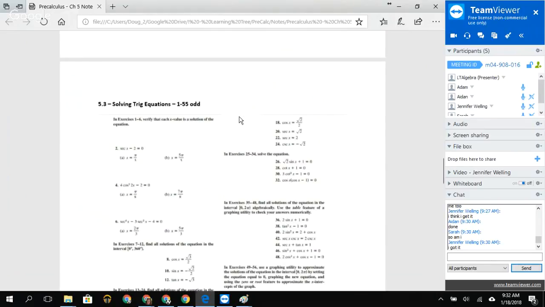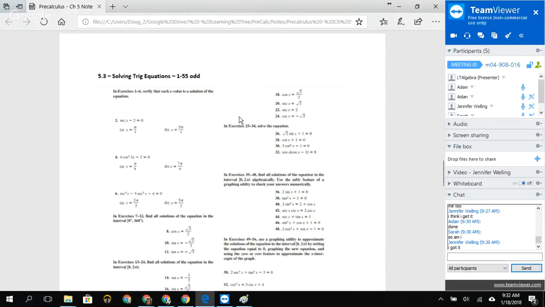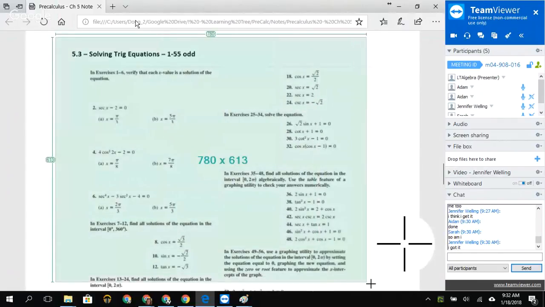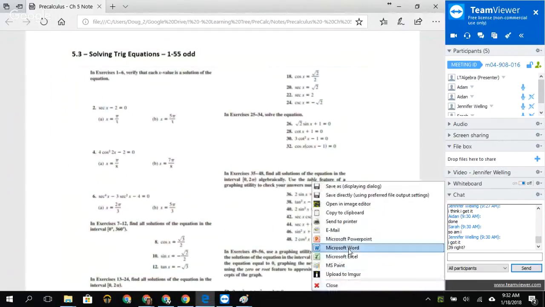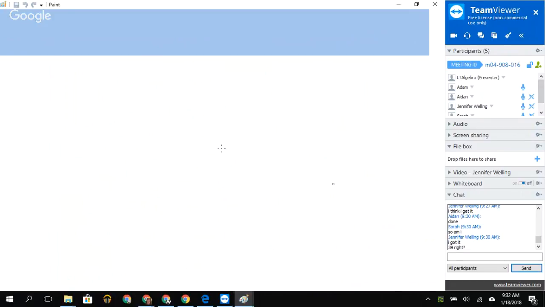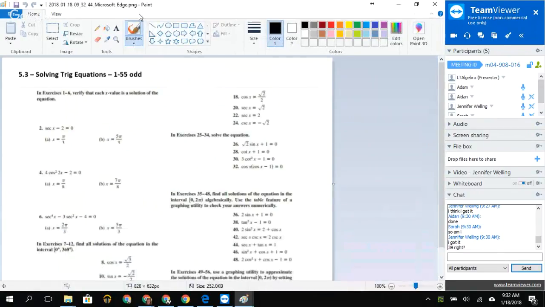Let me zoom in a little. We'll cross this off so it's official: 1 through 39 odd.